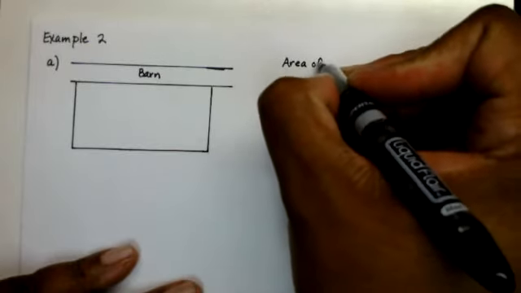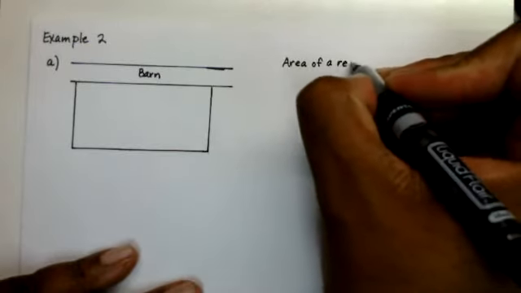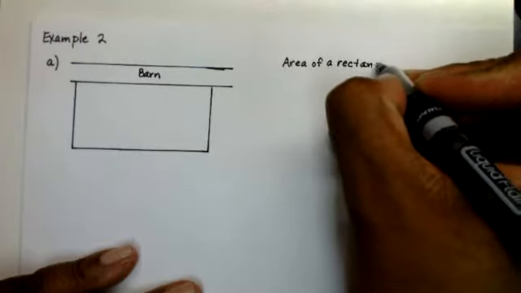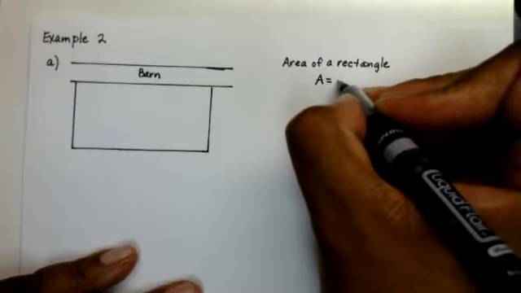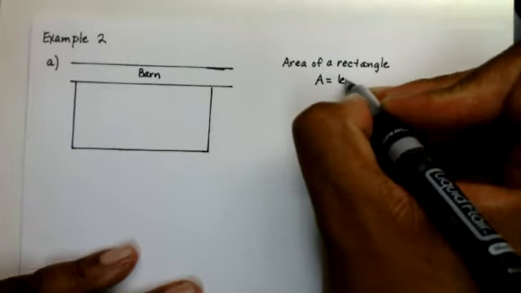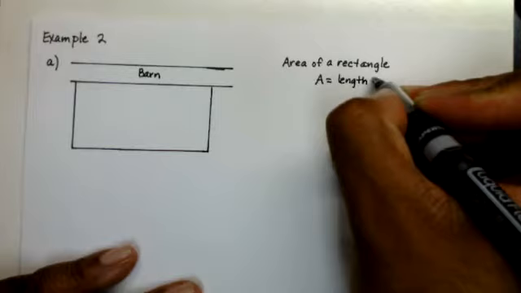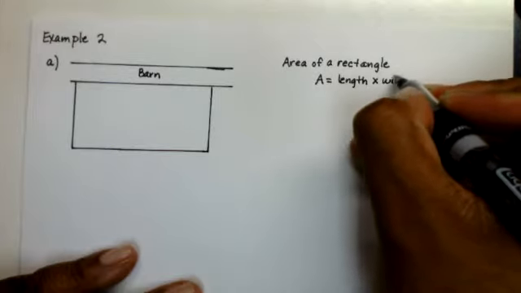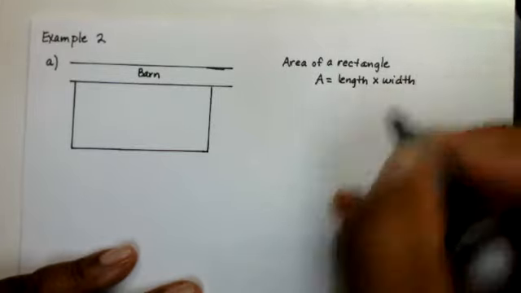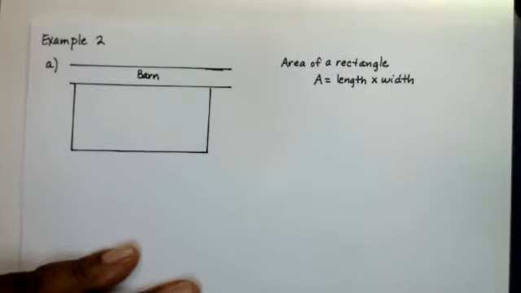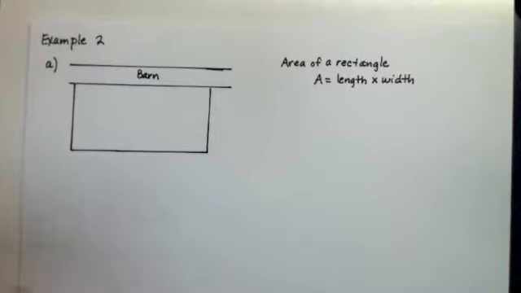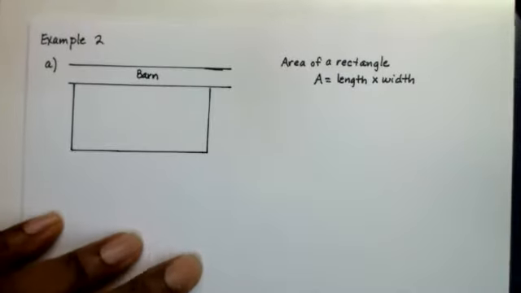For the area of a rectangle, that's going to be equal to length times width. There are geometric formulas that you do need to know regarding area and also volume and surface area as well. So you might as well be aware of that.